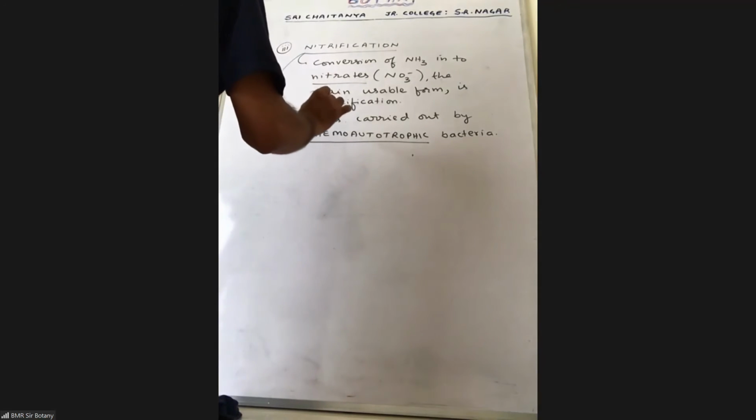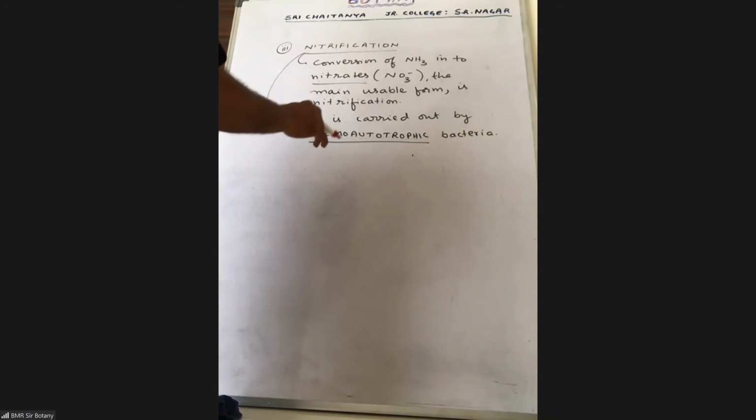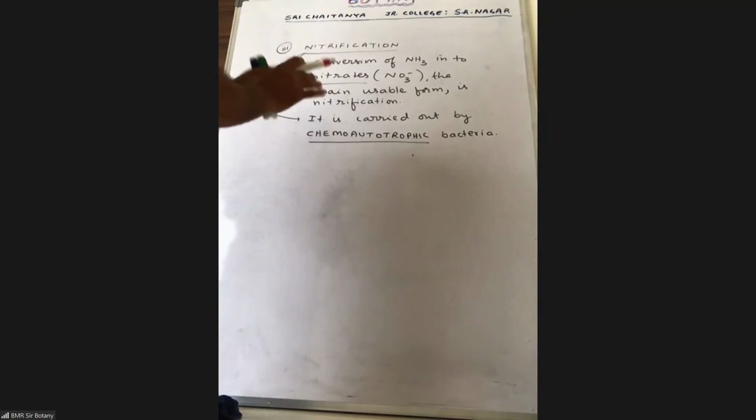So the source of energy is chemicals, chemo. Photoautotroph, the source of energy is sunlight. They are synthesizing food material, reducing carbon dioxide into carbohydrate. You can otherwise call them chemosynthetic bacteria, deriving energy.